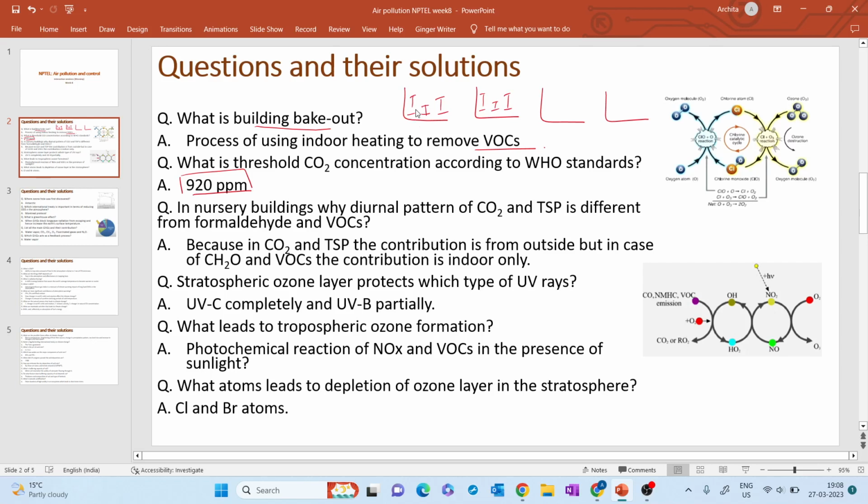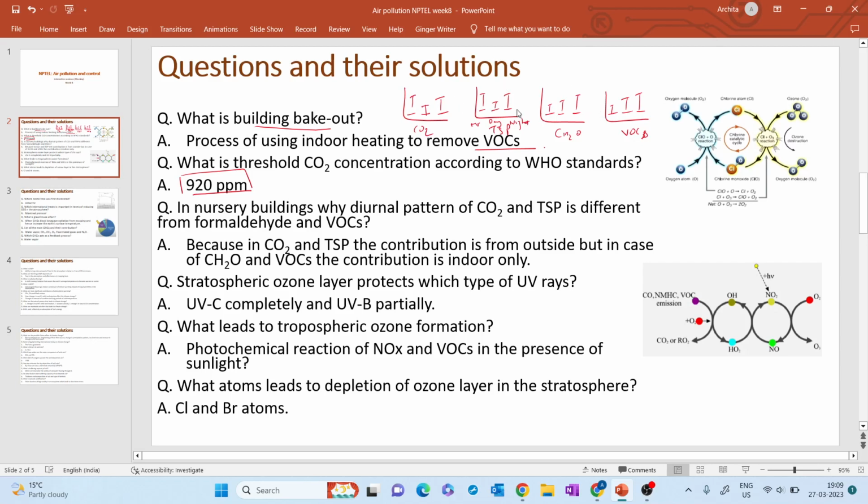On the axis is the time: morning, then day, and then night. But for formaldehyde and the VOCs, the concentration is highest during the night time and less during the daytime.